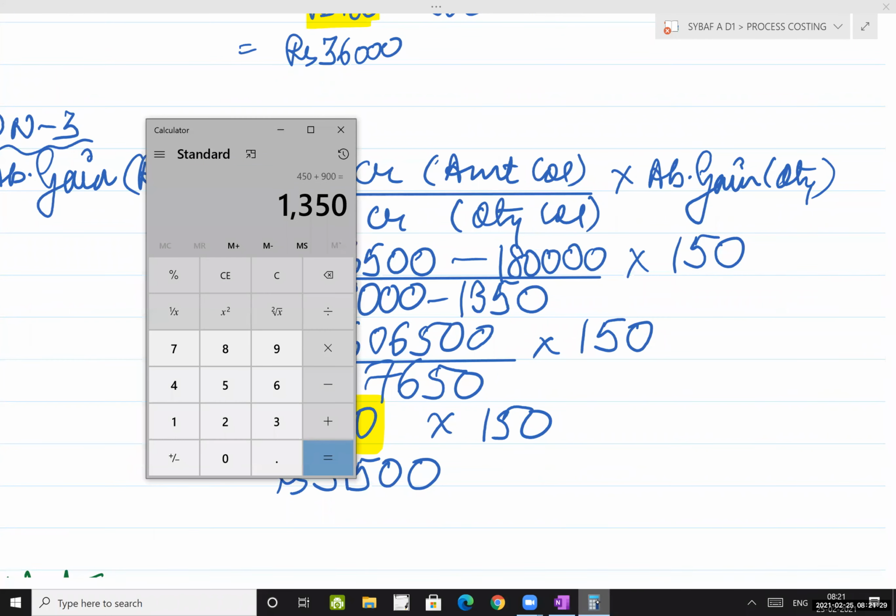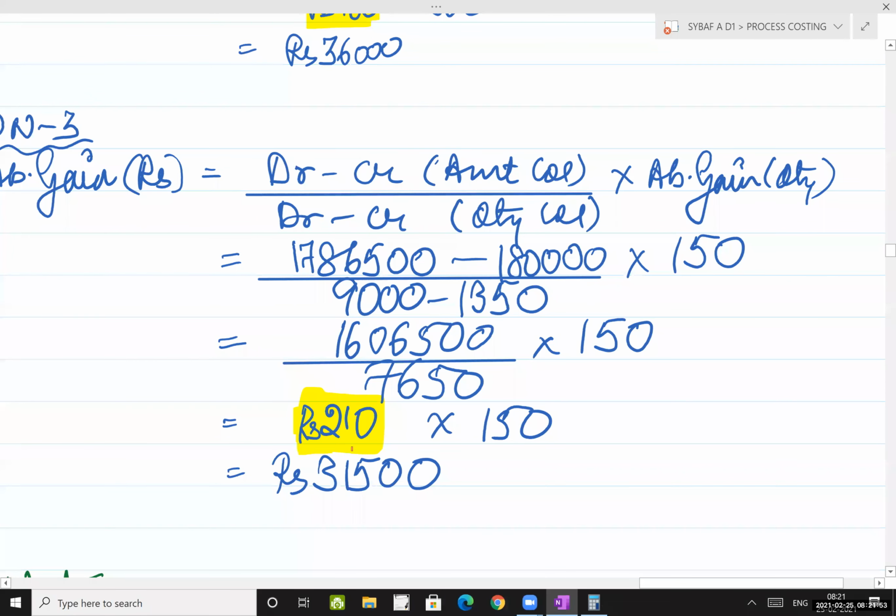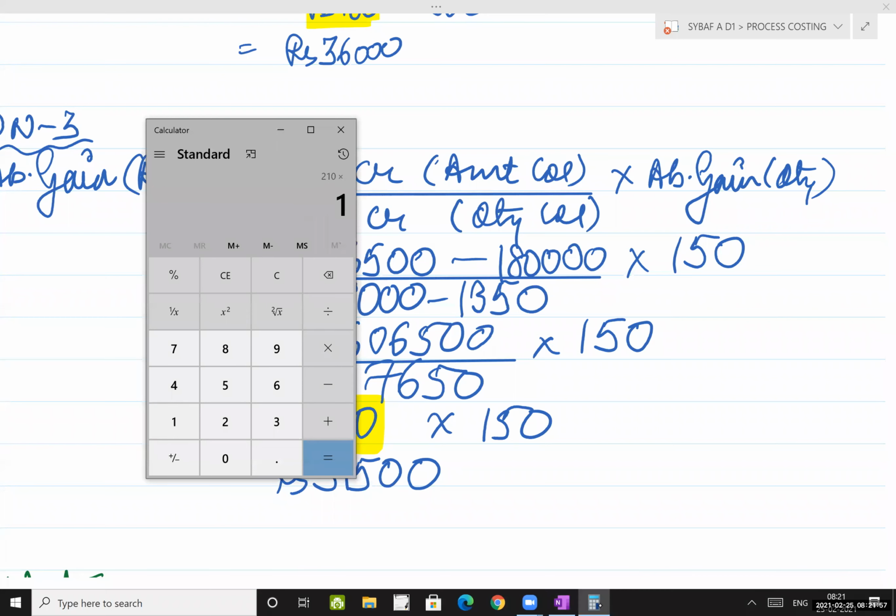Solve it. So my denominator is 7,650 and my numerator 17 lakh 86,500 minus 1 lakh 80,000, divided by 7,650. So मेरा CPU कितना है 210, highlighted, we need it for cost verification, multiplied with 150 abnormal gain in quantity.